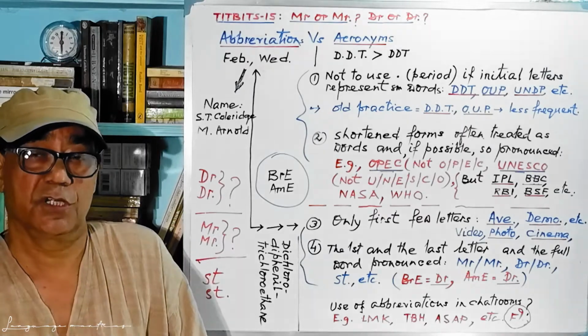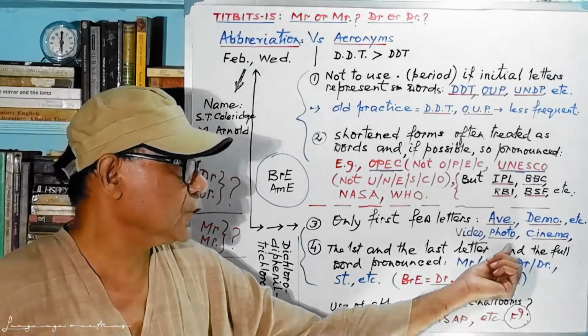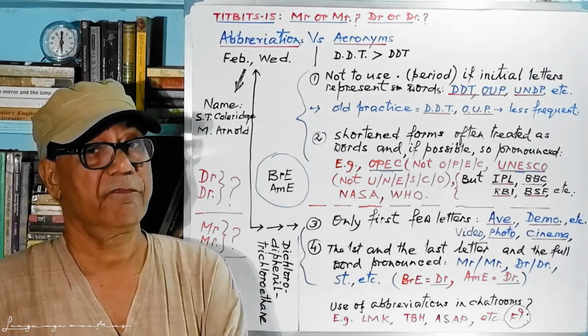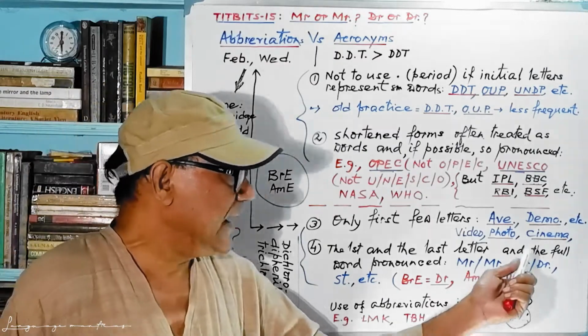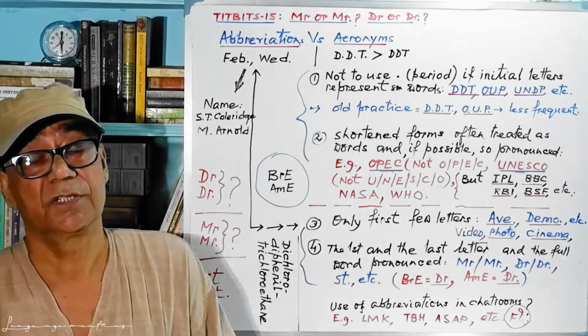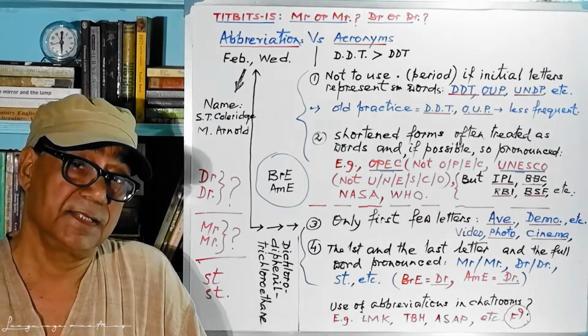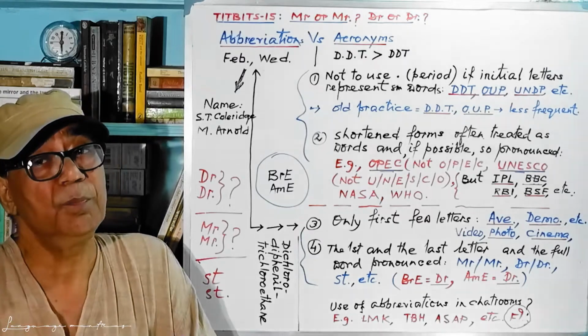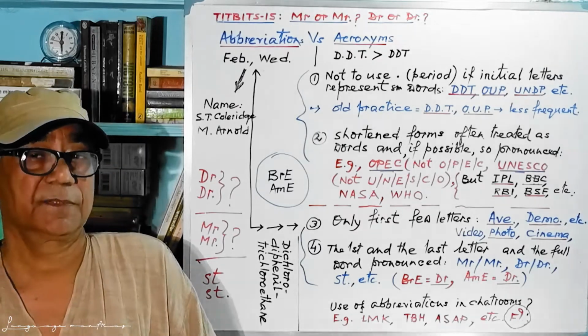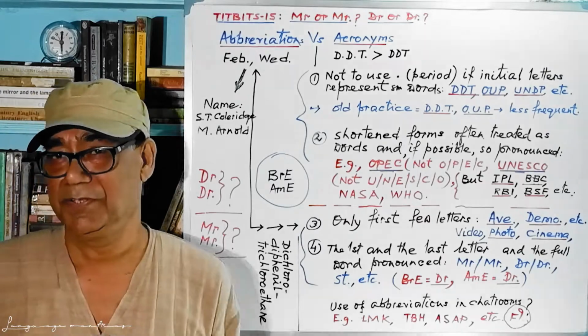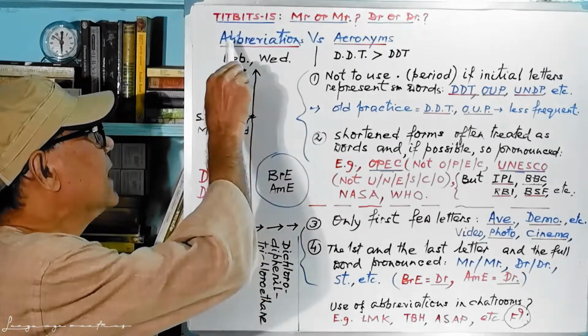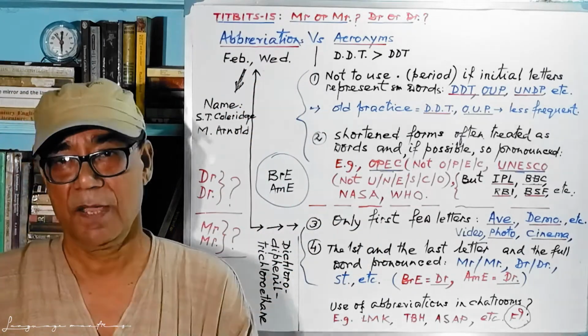Videography is the original word. So is photo. It is photography. Then 80% of cinema goers do not know that cinema is a shortened form of cinematography. So this is a very interesting feature of these abbreviations we are talking about.